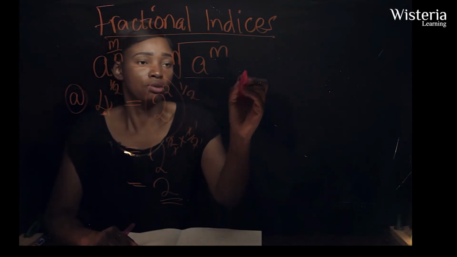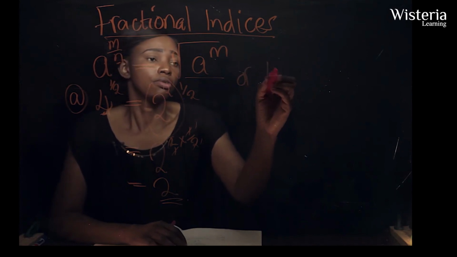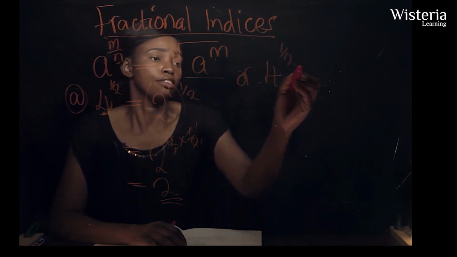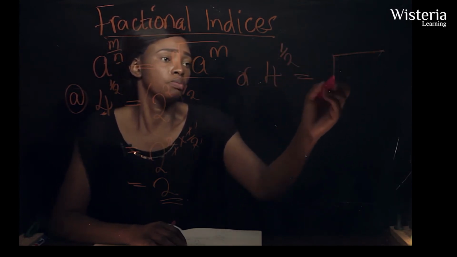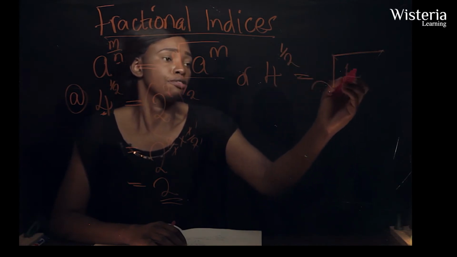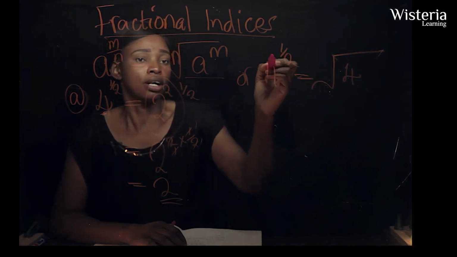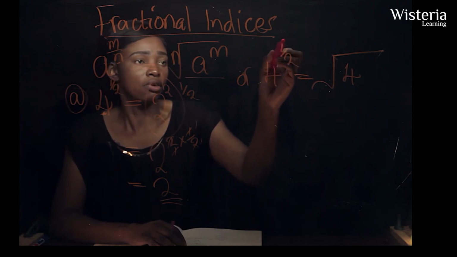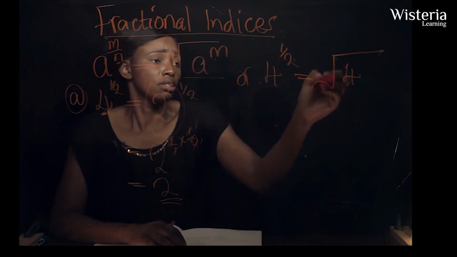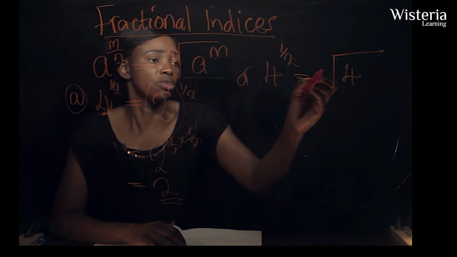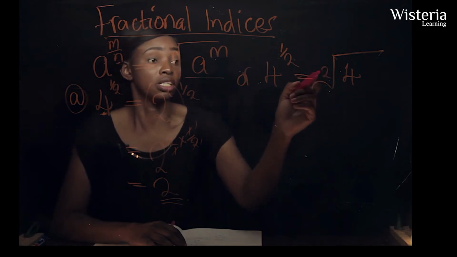Or 4 to the power half can be expressed in this form where we have 4 there. This is our n and this is our m. So by using this, we are simply putting the 2 there, but sometimes it is not necessary to put the 2 there.